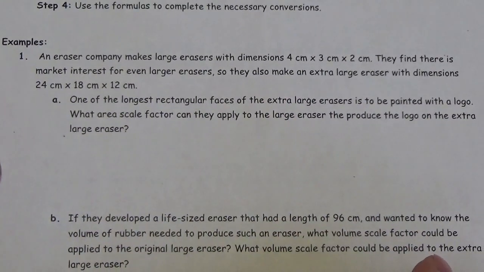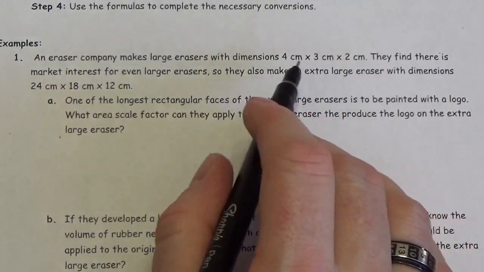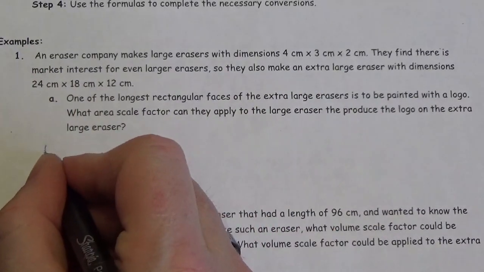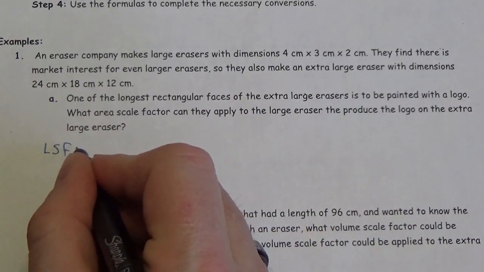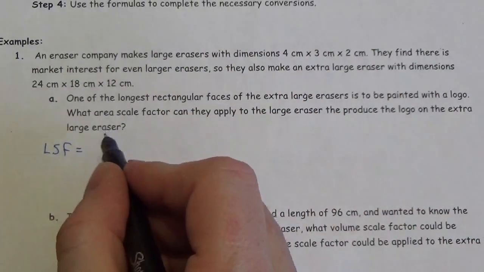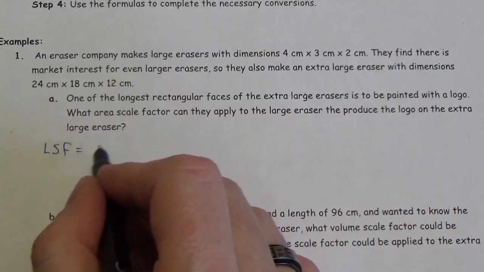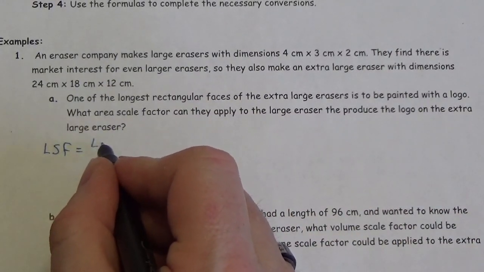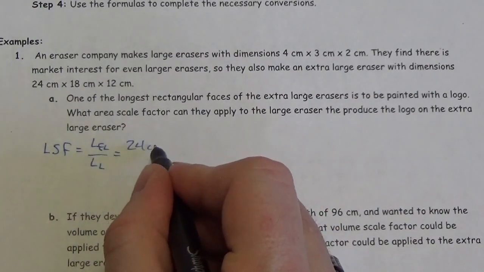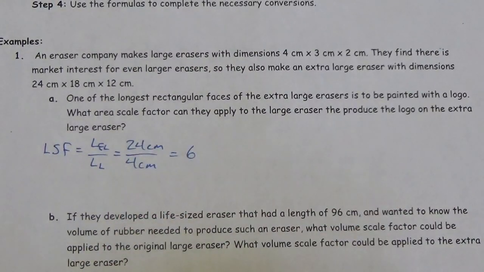Okay, well, we're kind of lazy here, so I'm just going to compare the corresponding dimensions. Let's compare the length with the length. To get my linear scale factor, I'm going to compare the length of the large to the length of the extra large. Bear in mind that the extra large one is the new one, so it's going to go on top. So this will be the length of the extra large over the length of the large: 24 centimeters divided by 4 centimeters, and we see that we're multiplying by 6.